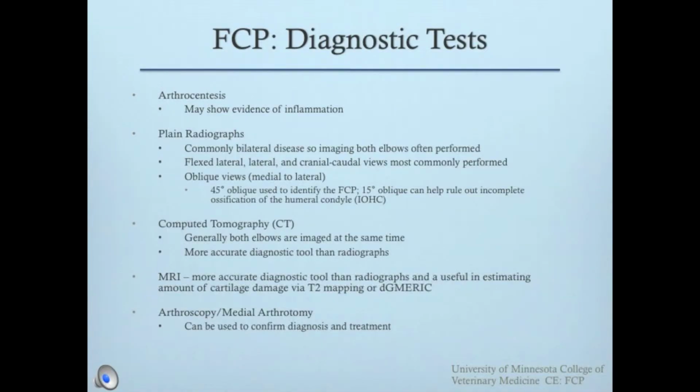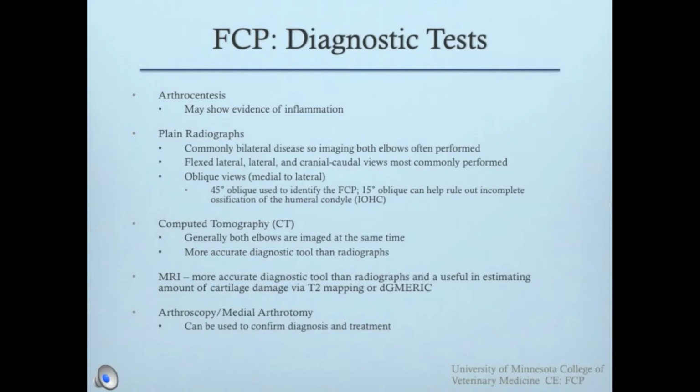Several diagnostic tests can be used to help confirm the presence of FCP. Arthrocentesis of the elbow and cytology of the synovial fluid would only provide evidence of inflammation. Several different radiographic views have been described for the elbow, including a flexed lateral, extended lateral, craniocaudal, and oblique views. Computed tomography, or CT, provides far more accuracy than plain radiographs when trying to identify a specific cause for elbow pain.